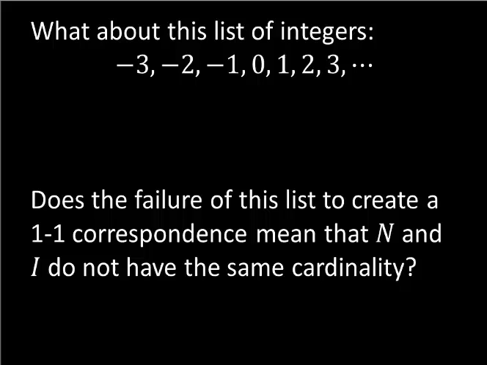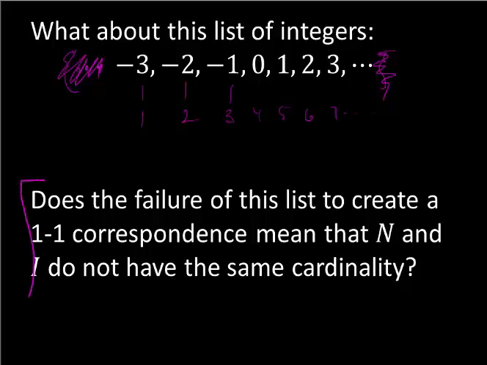Here's a list of integers. Well, that doesn't include all of them, does it? This is a correspondence between integers and natural numbers, but it fails to be one-to-one because there are integers which are not on the list. Okay, that's easy to see, but here's the question. What if you did do that first and you saw, oh, there's a correspondence, it doesn't work?